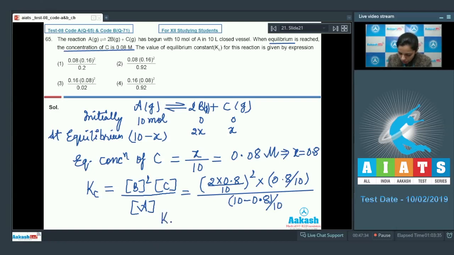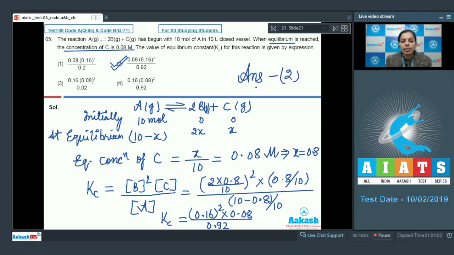And if you solve this for the value of Kc, it is equal to 0.16 squared into 0.08, divided by 0.92. This is the Kc value. This value is given here in option 2. On solving, you will find it. And the correct answer is option 2.